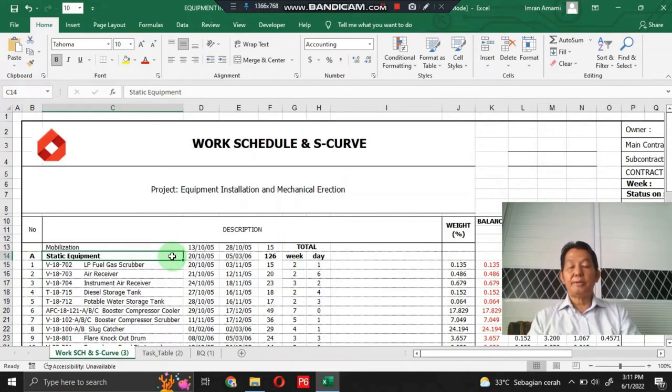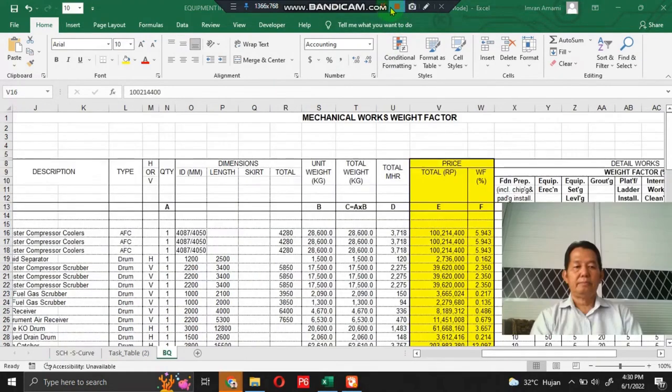Some kinds of material that we are going to discuss further. Okay, now let's discuss it one by one. We start with bills of quantities, or BQ.